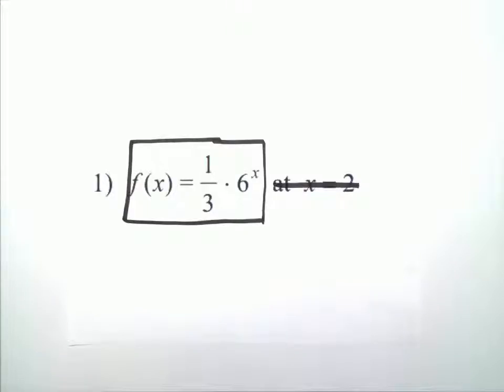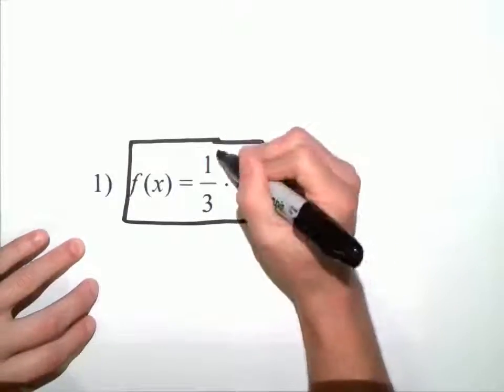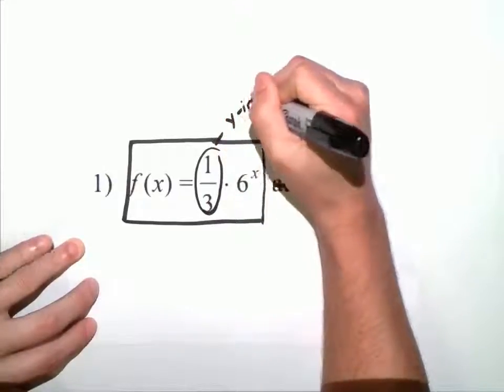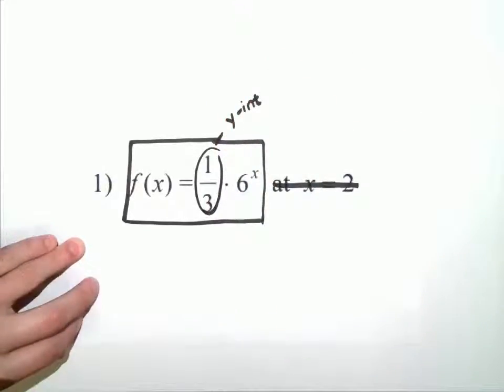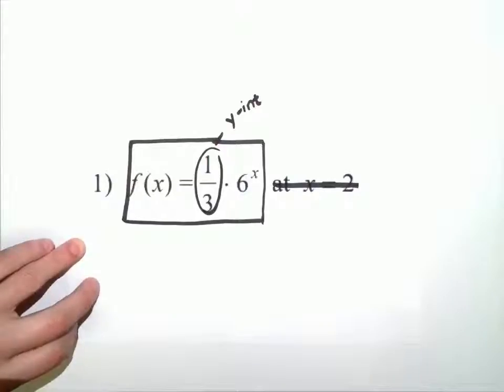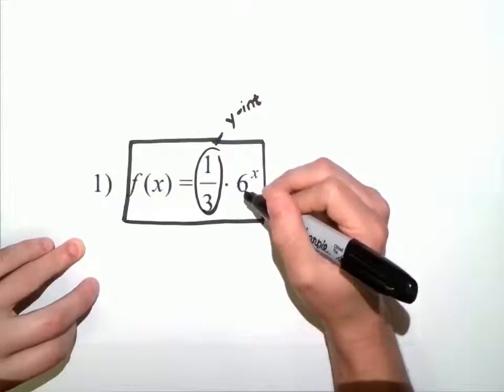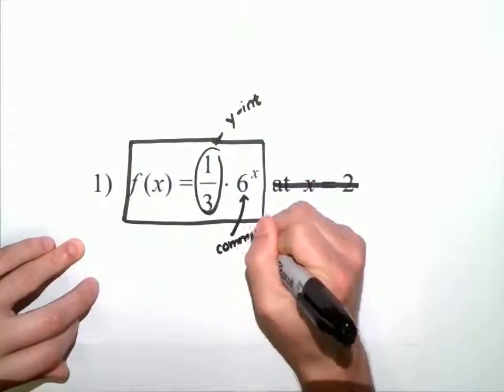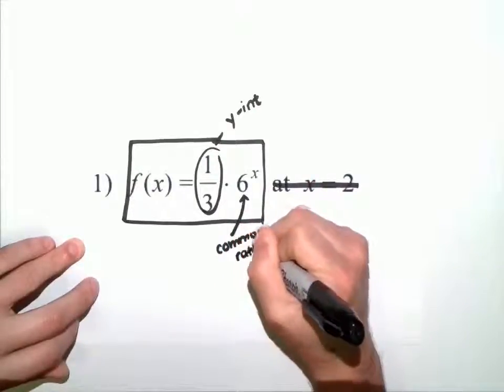Cool. So the y-intercept is this initial term right here. This is our y-intercept. And what is our common ratio here? Right. So our common ratio is 6.